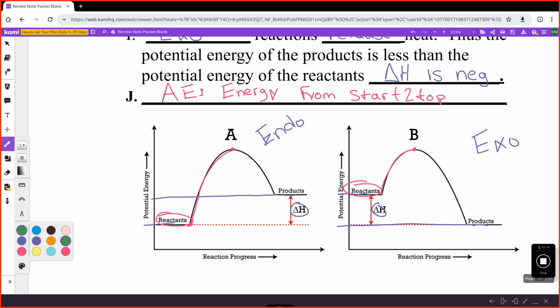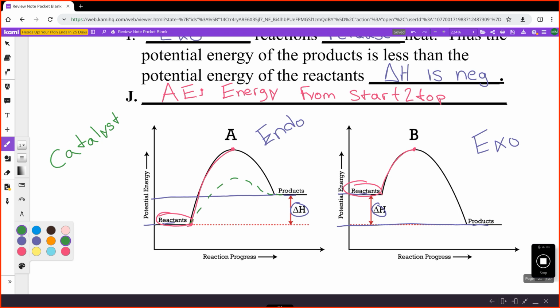And the last thing that we could talk about is the effect of a catalyst, which we said lowers the activation energy. So a catalyst works, and works very well, because what it does is create an alternate pathway from start to finish that doesn't require as much energy.